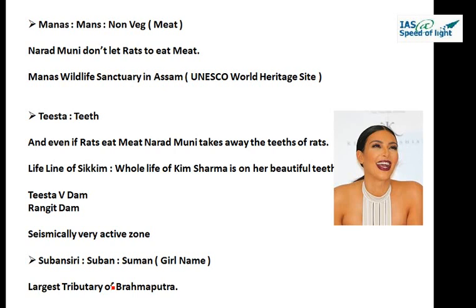Now the second right bank tributary of Brahmaputra is Manas, or Mans. We have already fixed this image when we were remembering the national parks or wildlife sanctuaries. So Manas becomes Mans, and Mans is non-veg, that is meat. Narad Muni doesn't let rats eat meat. Narad Muni is a saint.